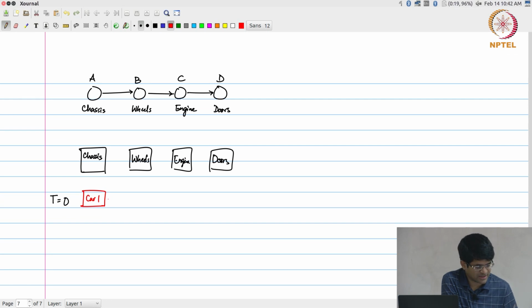After that, it moves. So car 1 at time 1 would move on to the next place where it would be getting its wheels fitted. Okay. At that time, what would happen?